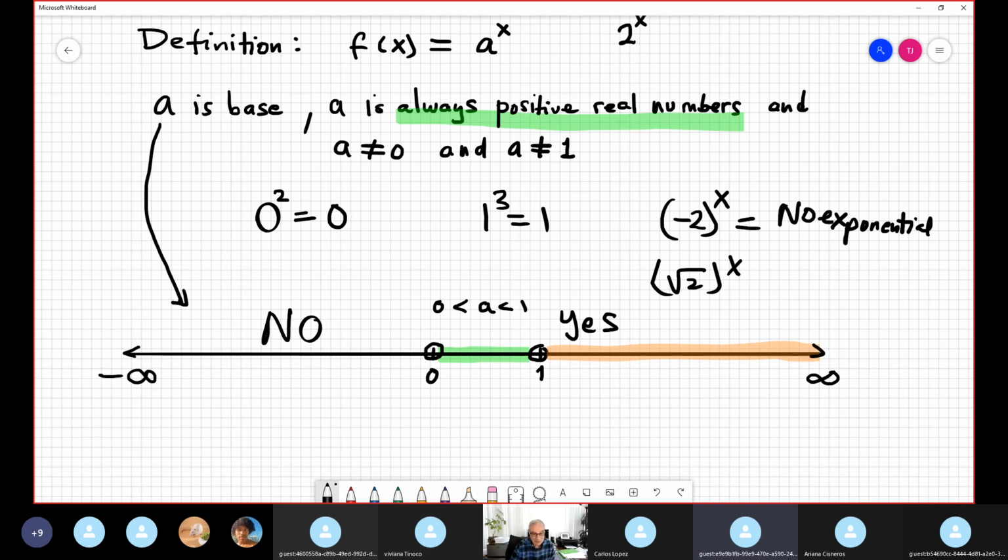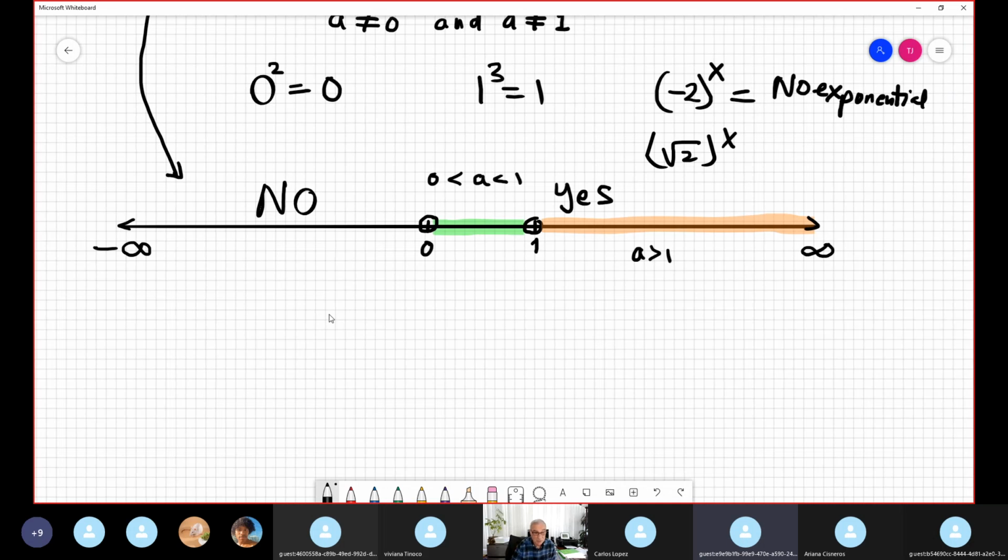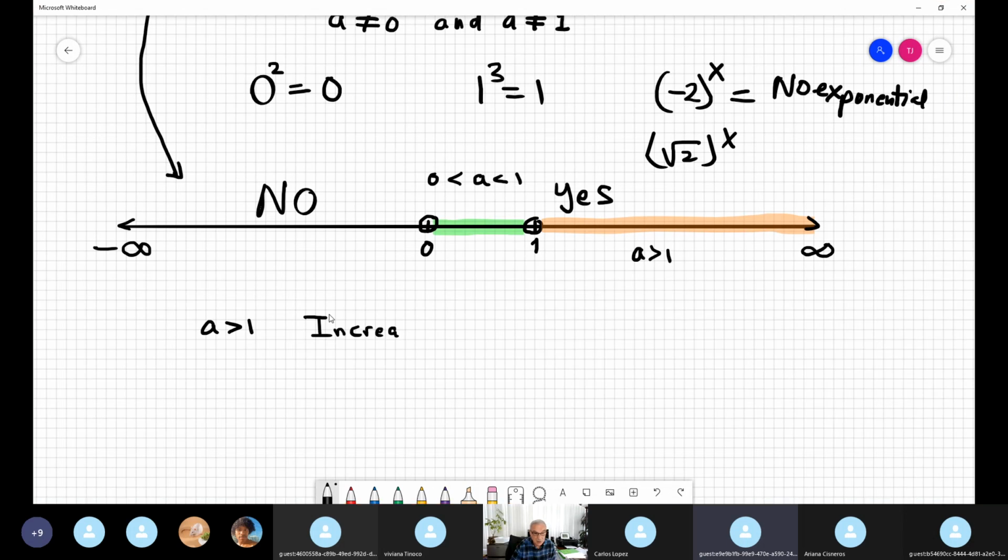This is one special kind of exponential. And this is when the A is greater than 1. That is the most popular situation. When the A is greater than 1, we have an increasing exponential function.